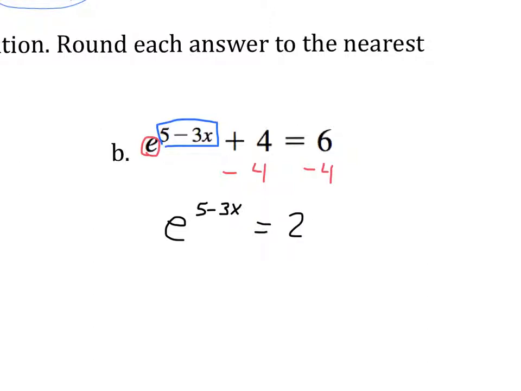Now, there are 2 ways to consider this. Number 1, I could write ln in front of both terms so that the e and the ln drop each other out. Or I can rewrite it. I can say natural log of 2 is equal to that. So natural log of 2 is equal to 5 minus 3x.